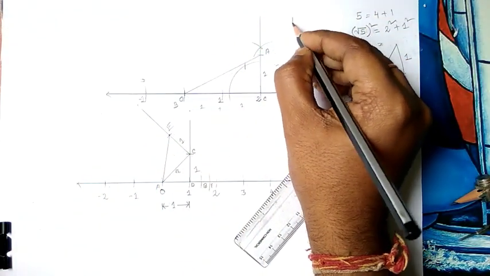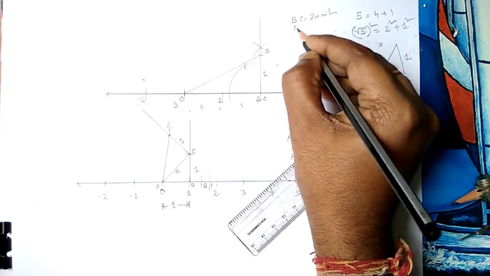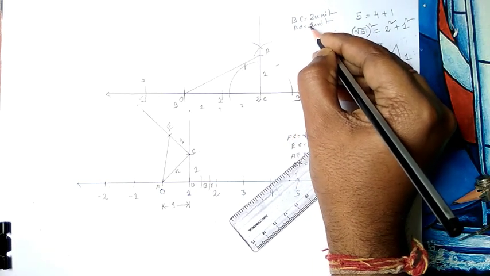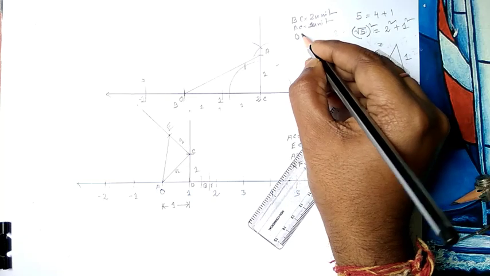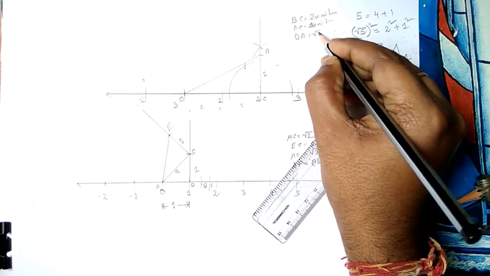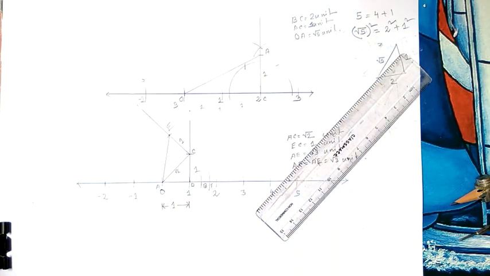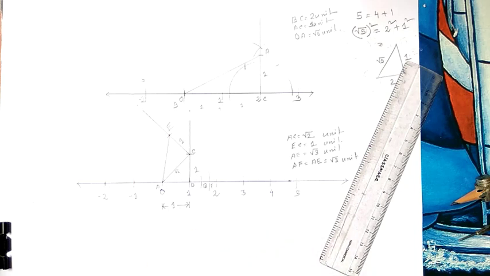So you can write BC equals to 2 unit, AC equals to 1 unit, and OA equals to √5 unit. Okay, so I hope this video is sufficient to understand how to draw √5, √2, √3 in a number line.